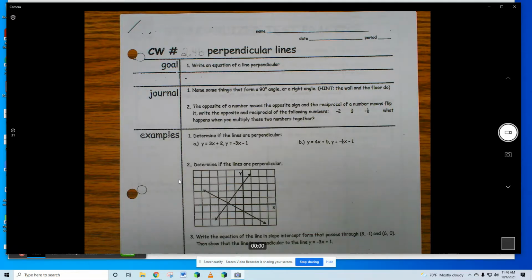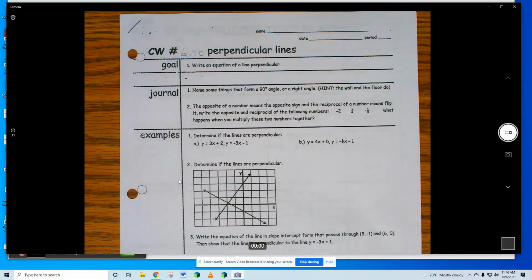So just shout out some perpendicular, where do you see perpendicular lines in my classroom? The window, yes. On the whiteboard. The whiteboard, there's a picture. Yellow lines? The ceiling.